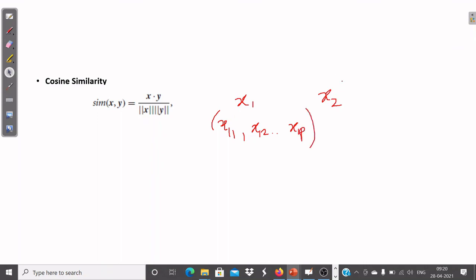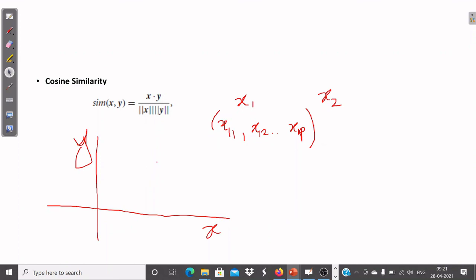Similarly for x2 also. Since this is a feature vector, we can visualize these points on a graph. Since there are p dimensions, it will be a p dimensional space.